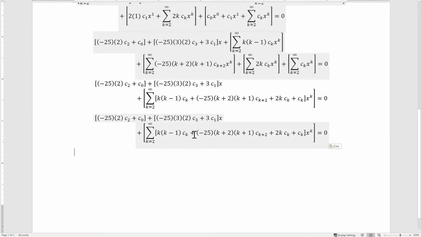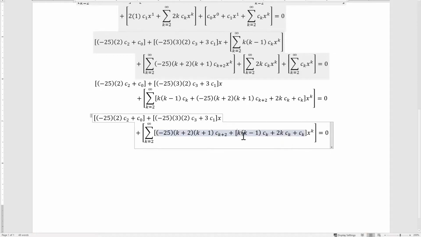So for the sake of being able to combine it later, let's put the c sub k's together. Let's see if we can maneuver that over here. So we have a c sub k plus 2, and then these terms over here all have a c sub k. So let's wrap them all up in the parentheses.